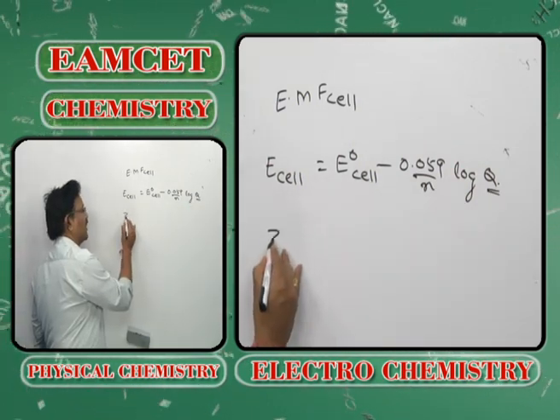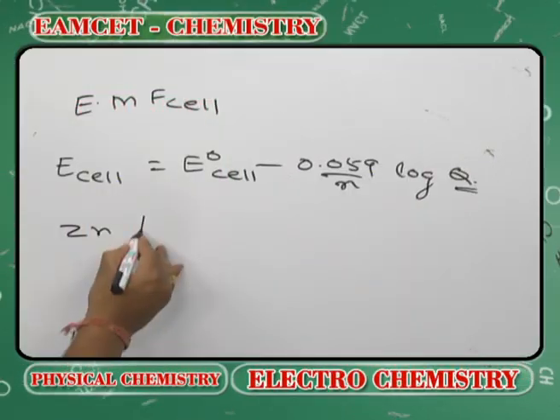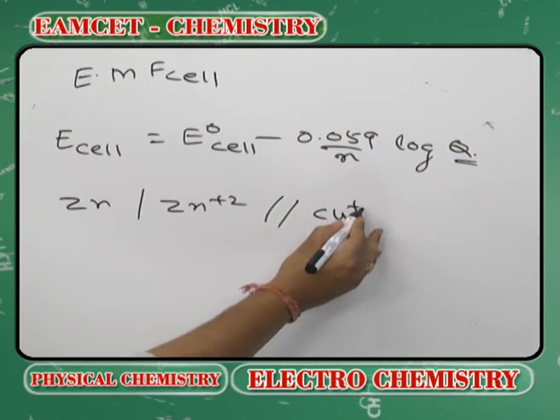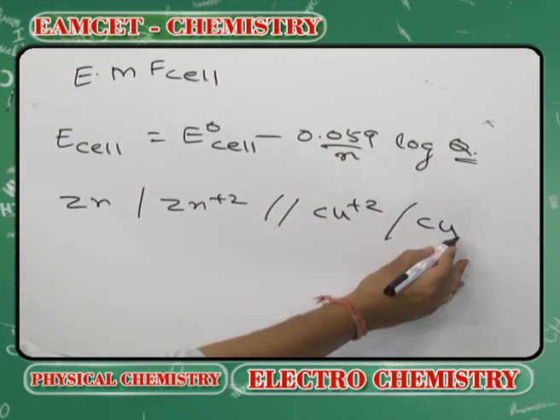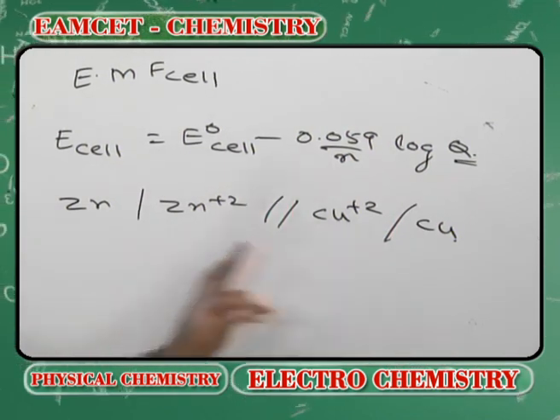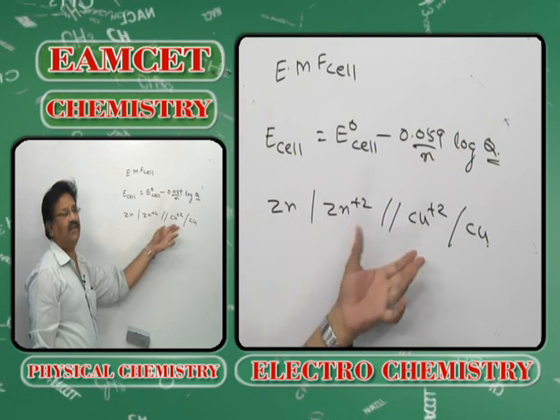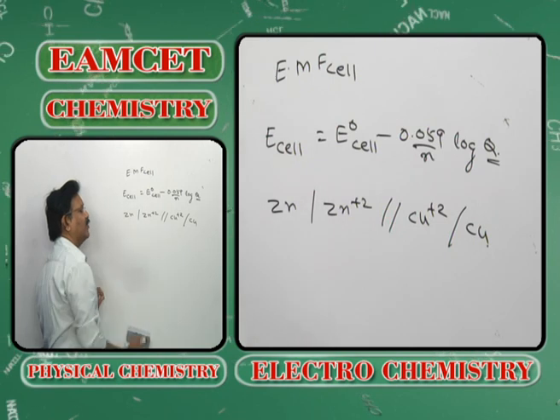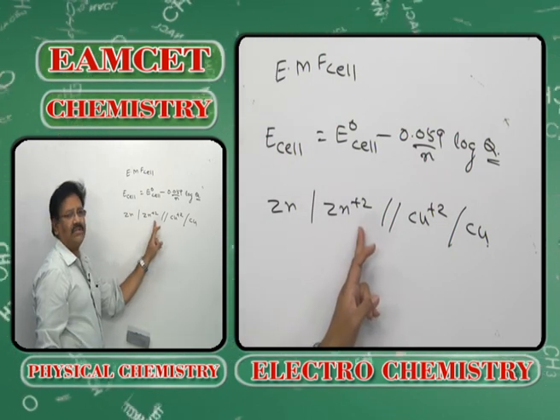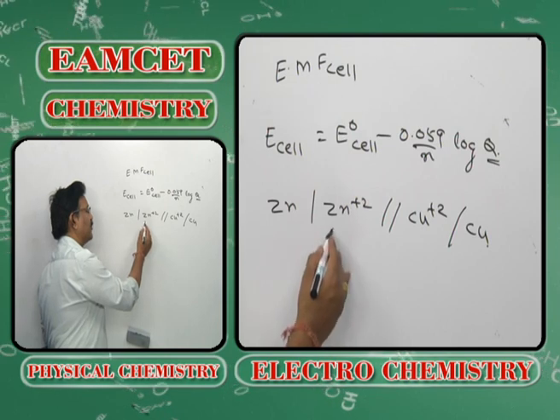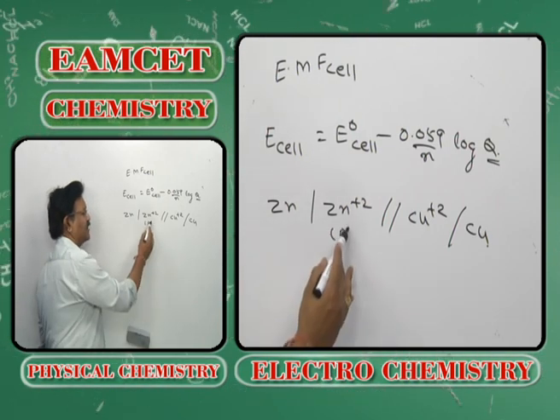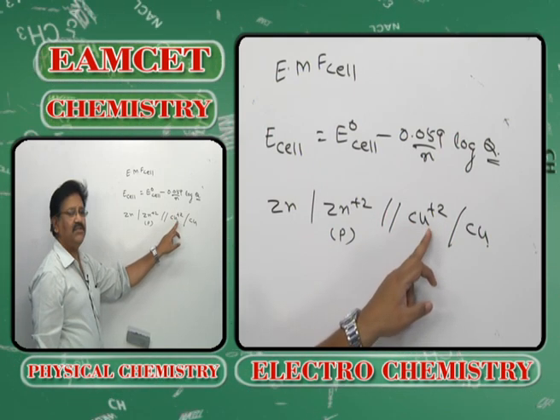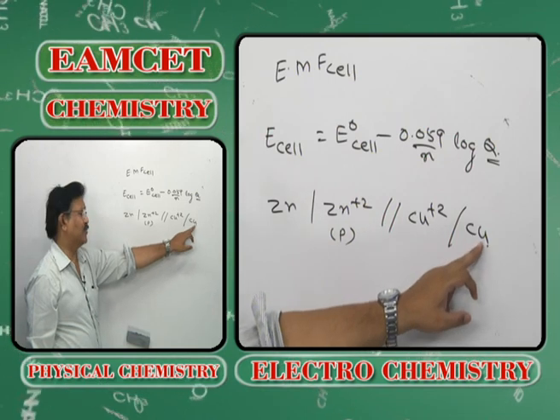Suppose for a galvanic cell, the cell notation is written as Zn | Zn+2 || Cu+2 | Cu. Using this cell notation, we can get the expression for the reaction quotient. What is happening at the anode? Zinc is getting oxidized to Zn+2, so this will be on the product side. And in the cathode compartment, Cu+2 is getting reduced to Cu.